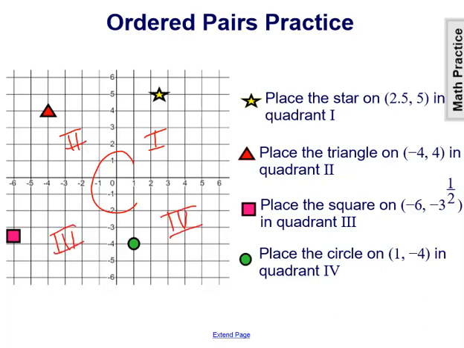So it's good to make sure that the star is in quadrant 1, the triangle is in quadrant 2, the square is in quadrant 3, and the circle is in quadrant 4. It's a good way to check your work. And even the numbers themselves, the signs of the ordered pairs should match what they should be in the first quadrant, second quadrant, third quadrant, and fourth quadrant as well. You can use all these different ways to check your work.